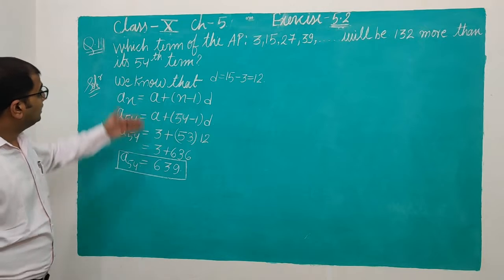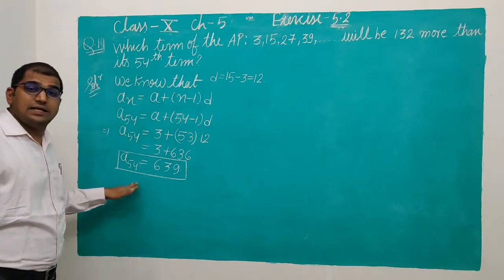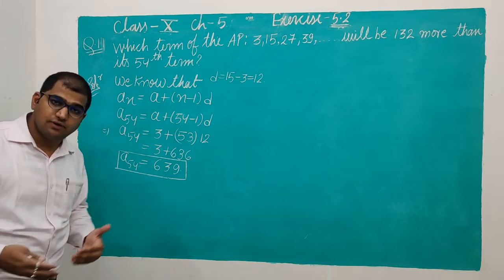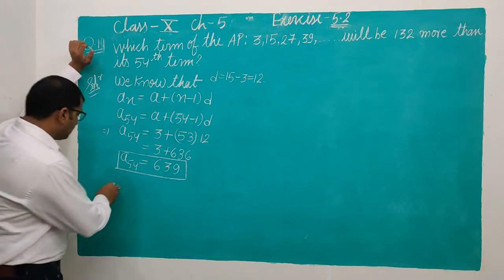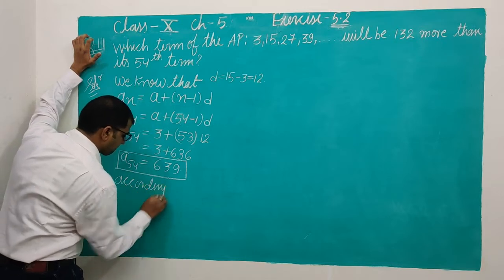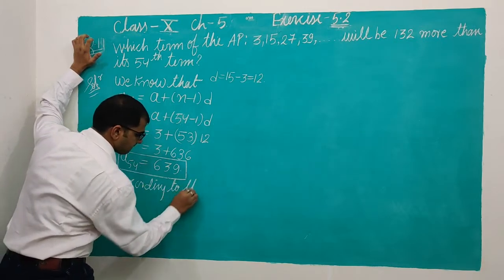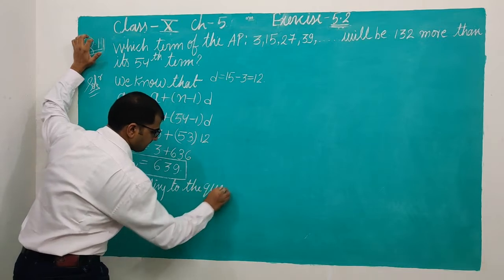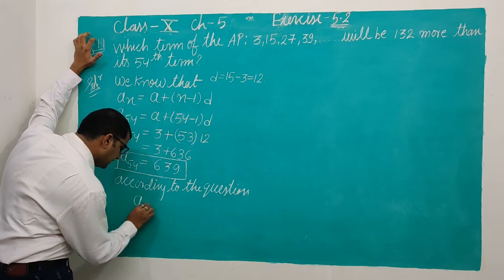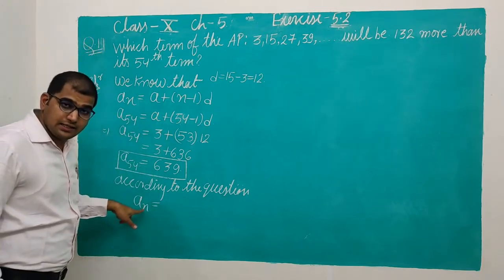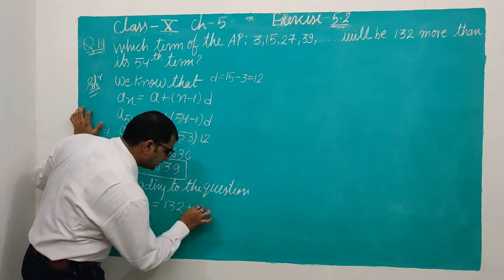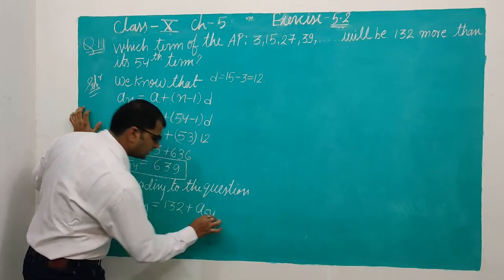Then after students, according to the situation, which term of the AP will be 132 more than its 54th term. So we assume that according to the question, the nth term of the AP is 132 more than its 54th term. कौन सी टर्म? nth टर्म जो है that is 132 more than its 54th term.